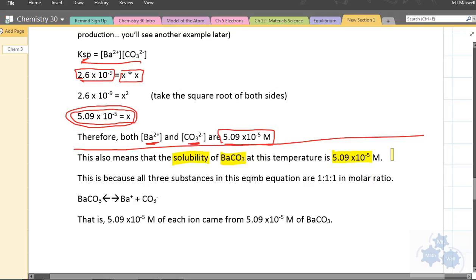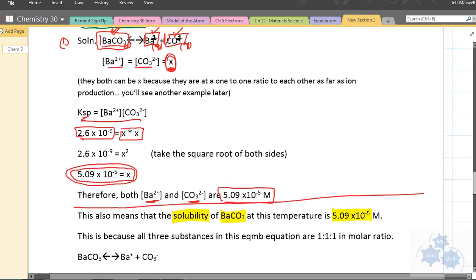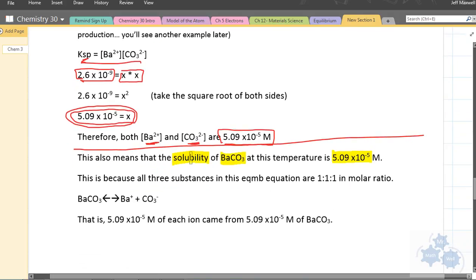So how much barium carbonate could dissolve? Remember the 1:1 ratio? Okay. Back here, 1 mole of this produces 1 mole of this and 1 mole of this. So if the concentrations of Ba2+ and CO3 2- are both this number, that's exactly how much barium carbonate could dissolve. The solubility is how much can dissolve, right?